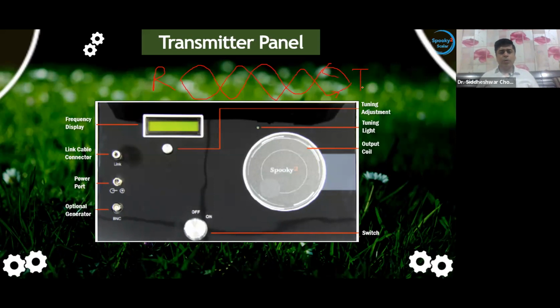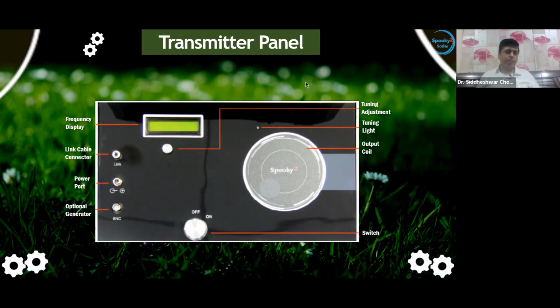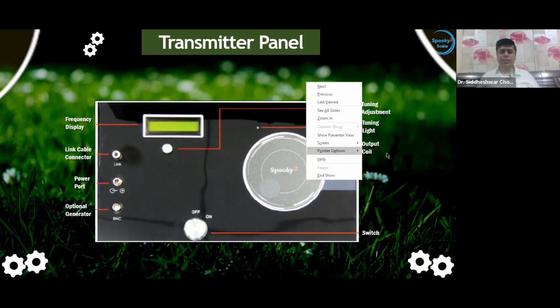So this particular transmitter coil is set to be the output coil, because the scalar signal is being inputted from the receiver. The scalar field is being sent from the receiver actually. So the receiver is set to be the input coil and the transmitter is set to be the output coil. Why this is important, we'll discuss later. For now, we can be happy with this information.